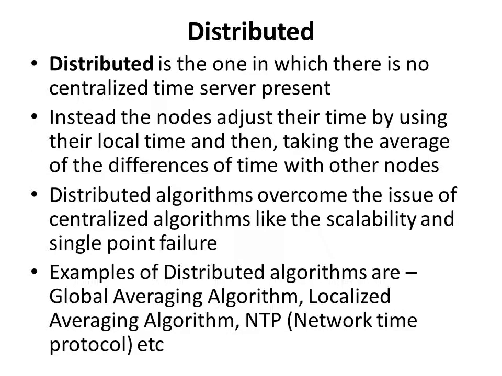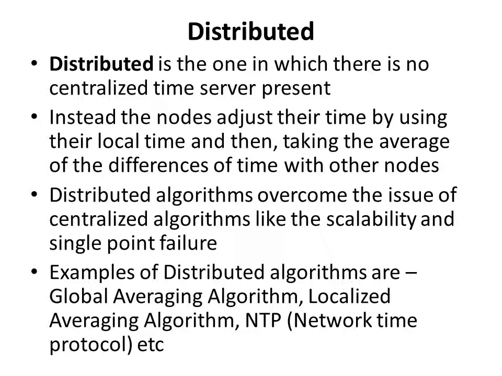Coming to the distributed algorithm, it is the one in which there is no centralized time server present. Instead, the nodes adjust their time by using their local time and taking the average of the differences of time with other nodes. If there is any difference between the clocks of different nodes, the node will adjust its timing.